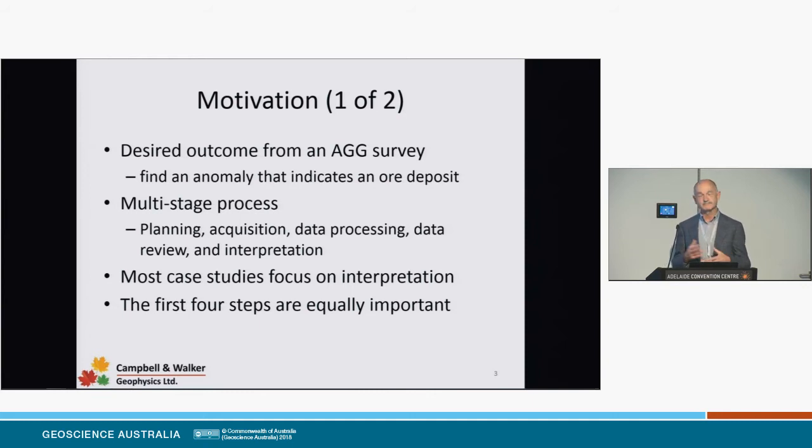Acquisition is the contract being flown to various specifications and whatnot. Data processing, particularly in AGG, is going to be at least semi-proprietary, if not wholly proprietary, and it's just given to us and we have to deal with it or accept it.